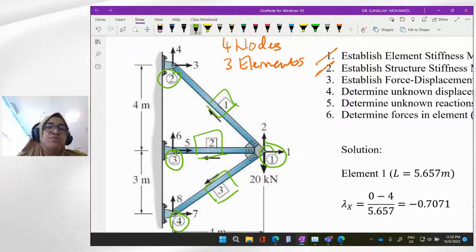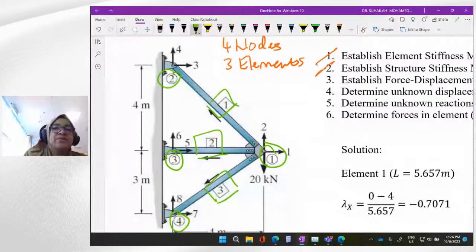In order to produce the stiffness matrix for the truss, we have to establish the stiffness matrix for each element. When we combine the element stiffness matrices, we will get the stiffness matrix for the truss. So we have three elements and four nodes.